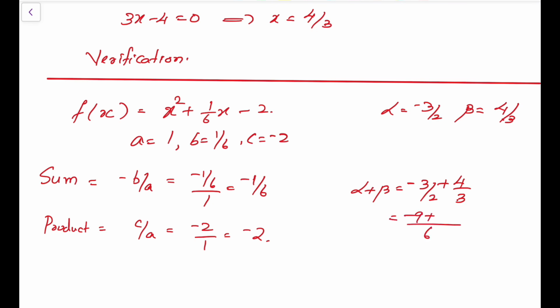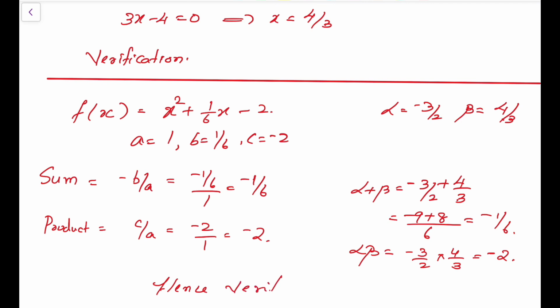So taking the LCM, minus 9 plus 8, so minus 1 by 6. Alpha beta equal to minus 3 by 2 into 4 by 3. So it is equal to, 2, 4 and 2, is minus 2. So hence verified.